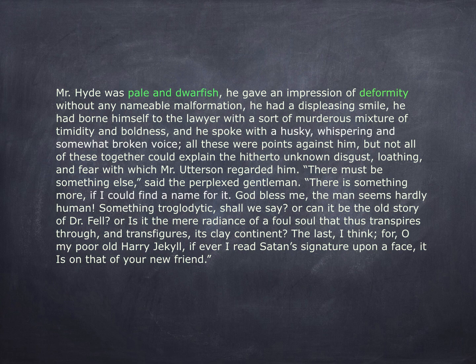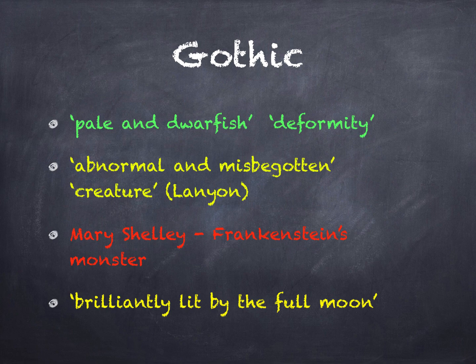The last area I'm going to talk about is the way in which the Gothic is introduced into this description. I've highlighted here two phrases, pale and dwarfish, and deformity. These are typical Gothic descriptions. Pale is not right, not healthy, peculiar.